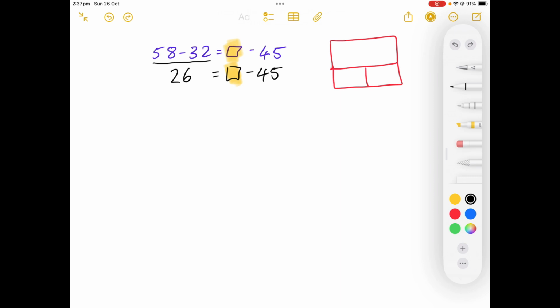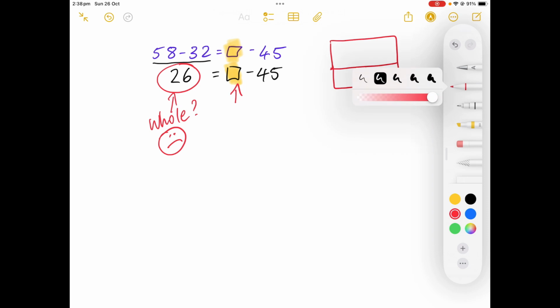What I've noticed is a lot of people are thinking that this number is one of the parts. Okay, so it's not one of the parts, but what would happen if you did that, I wonder? So some people are saying that this is the whole, which it is not, and they're doing this.